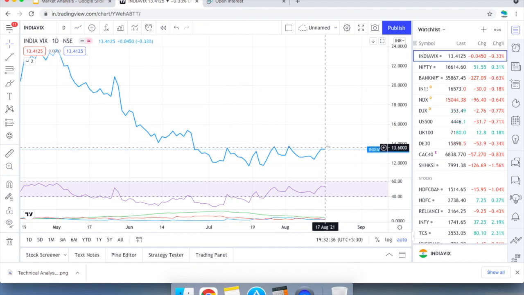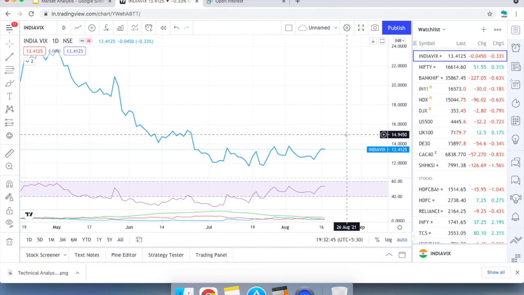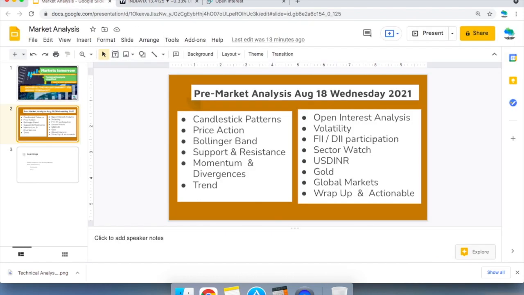So it's heading towards that, it's not dipping down. It has moved up from the 11 levels to the 13.45 levels. So volatility has increased, but it is still at very low levels. And even if the volatility is low, the volatility spikes are kicking out intraday speculative trades, right?